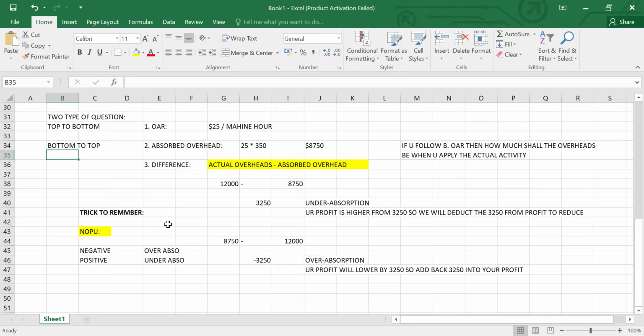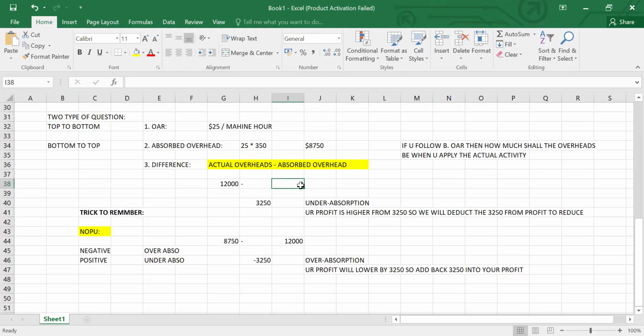Top to bottom questions are very easy, just straightforward. But in the bottom to top approach, what is the major issue? Students get confused about whether, if I'm given under absorption, it will be added or subtracted. If you are given under absorption and you are not given absorbed overheads, you need to find absorbed overheads.